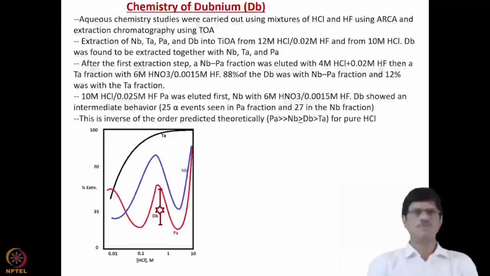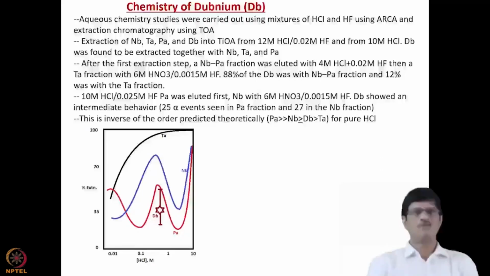Now, to have a further distinction, with 10 molar HCl containing 0.025 molar HF, protactinium was eluted first, and niobium was eluted with 6 molar HNO3 containing 0.0015 molar HF. But in this case, the distribution of dubnium was more or less equal in both these fractions.